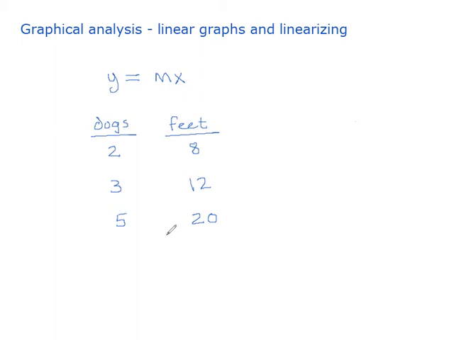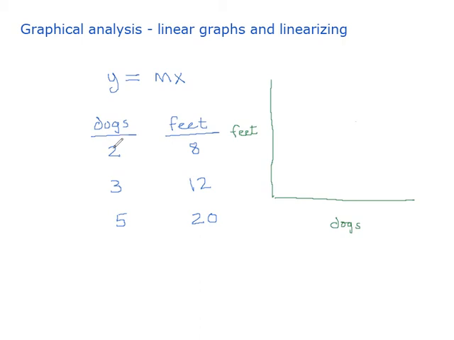Here's what you could do with that data to try to determine what's going on, or more to the point, to see if there's some kind of math formula hiding behind these numbers. We could make a graph where we have the number of dogs and the number of feet.